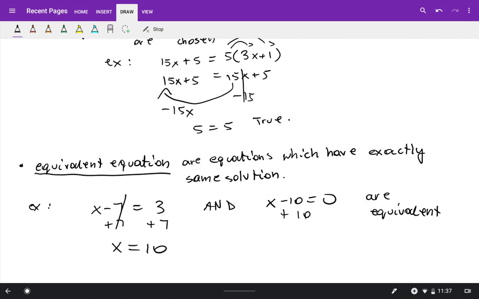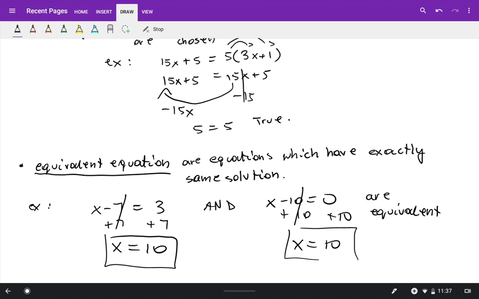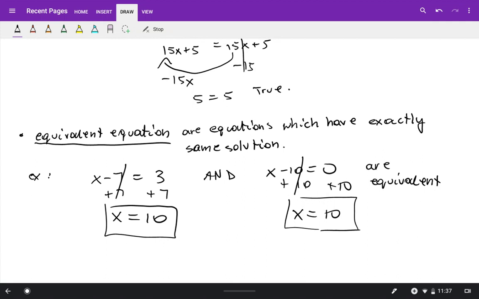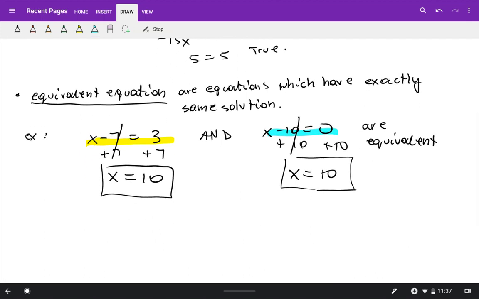To solve the second equation, you also add 10 to both sides, and you end up with x equals 10. So equivalent equations are equations that have the same solution. However, they don't have to look the same. So we have two different equations, however, they are equivalent because they have the same solution. So that was the review of vocab.